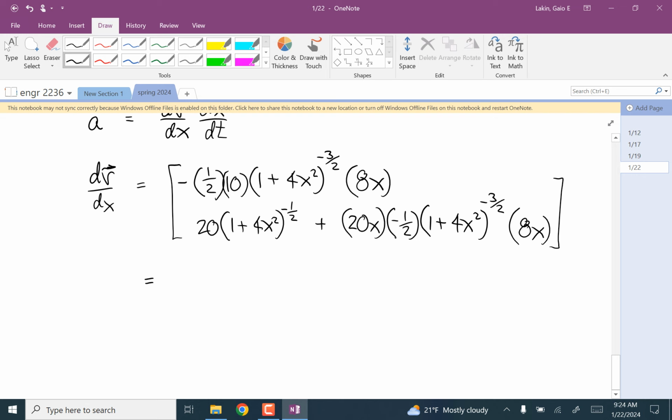So let's say negative 40x times the quantity 1 plus 4x squared to the negative 3/2. So that's the x component.